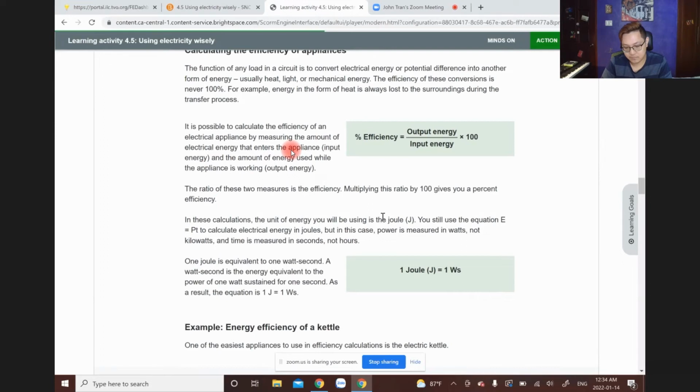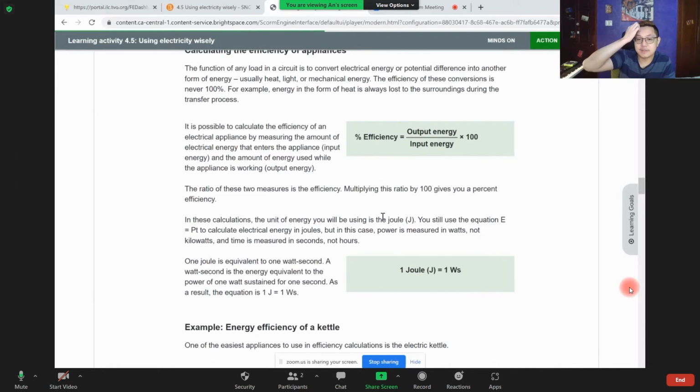A watt second is the energy equivalent to the power of 1 watt obtained for 1 second. As a result, the equation is 1 J equals 1 watt second. Okay, talk about joules and things like that.